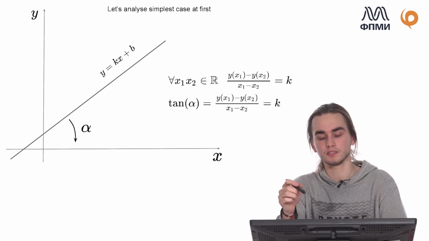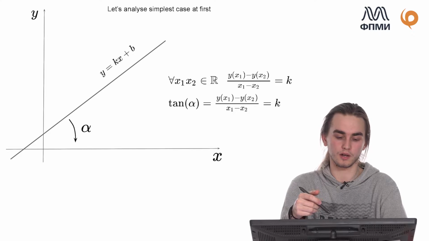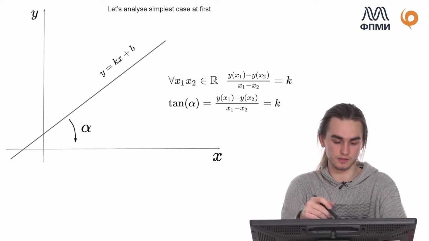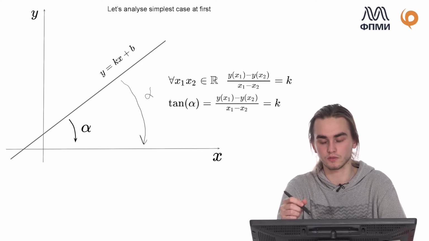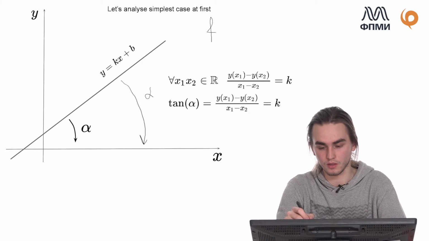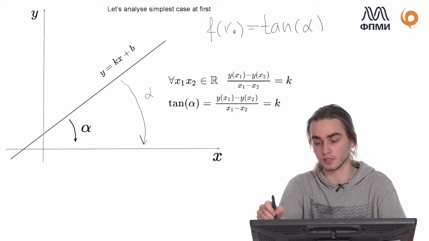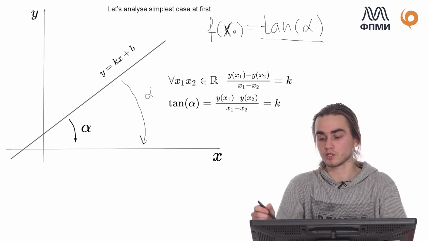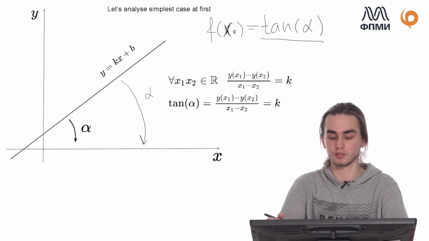Okay. Let's investigate the simplest case, and just by your eyes you can see that this angle is the same all the time, and you can define this function that I was talking about as just a constant. For example, as I said before, tangent of this alpha. So how do we measure this tangent?